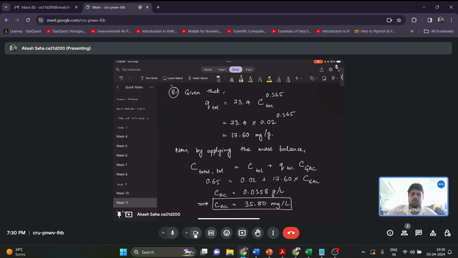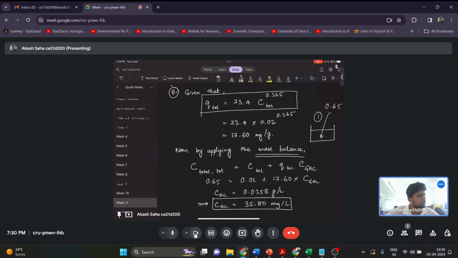Okay. So what we did, we used the Freundlich isotherm that is given to find out the Q toluene value, and then we applied the mass balance. Okay, because in my system, suppose this was the liquid, so my first concentration was 0.65.